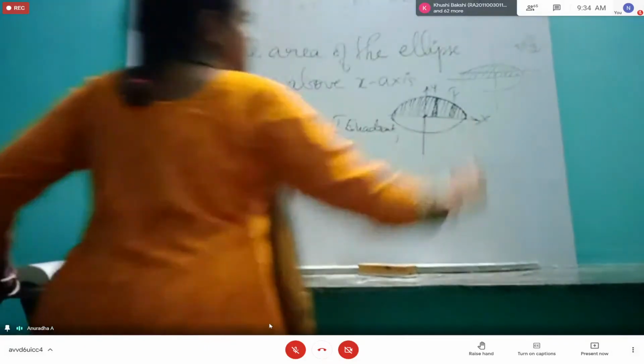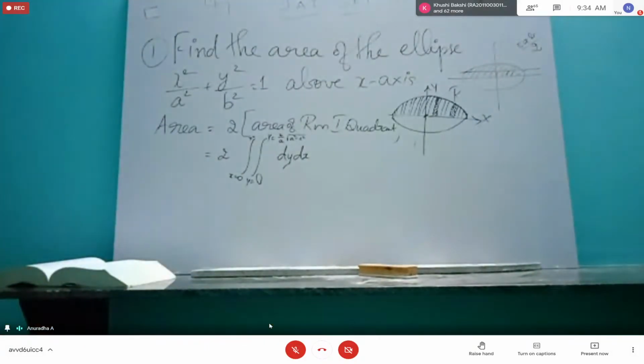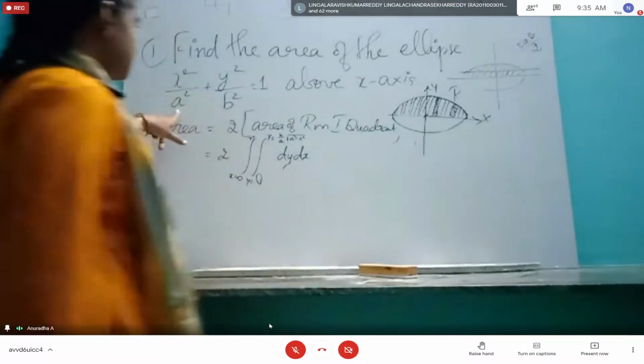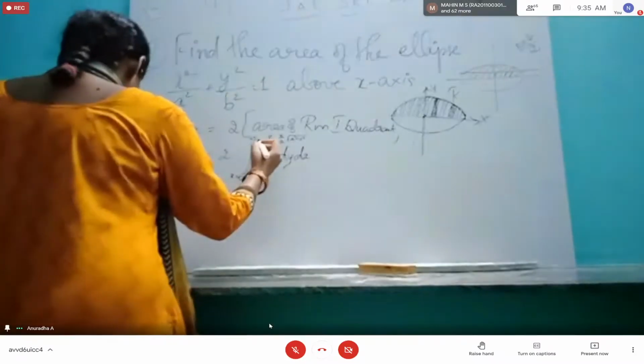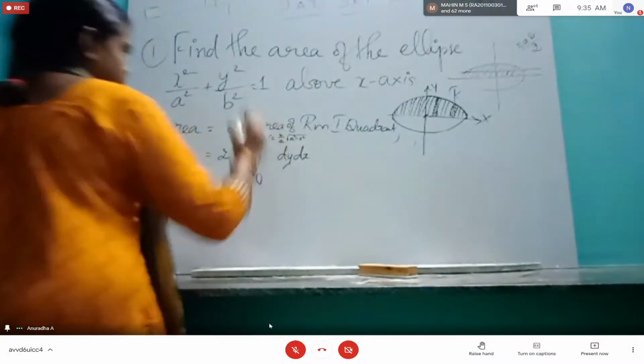The maximum where it will go is where the region ends, so x is equal to a. This would come from minus a to plus a, but we have written only like that. So our answer is till a.